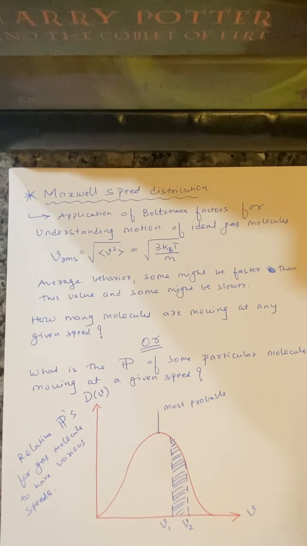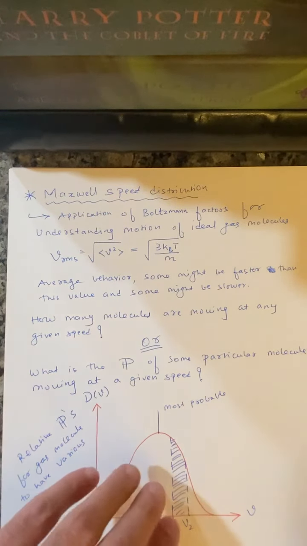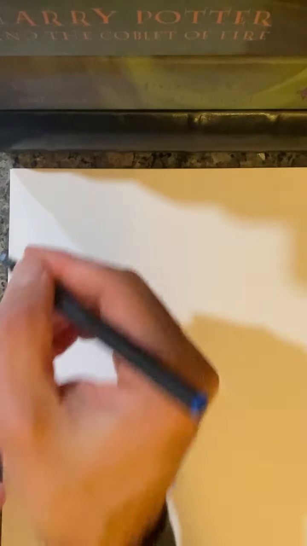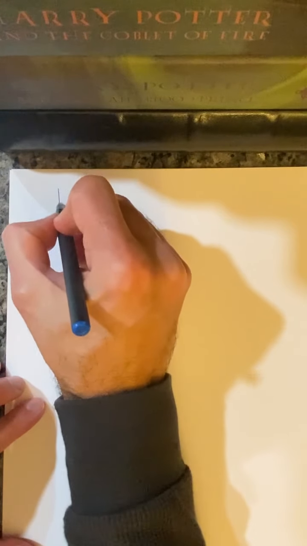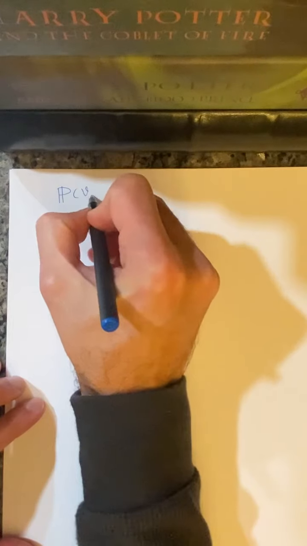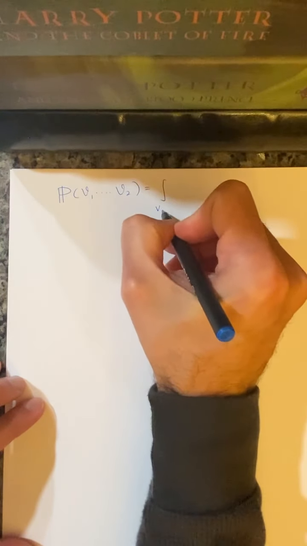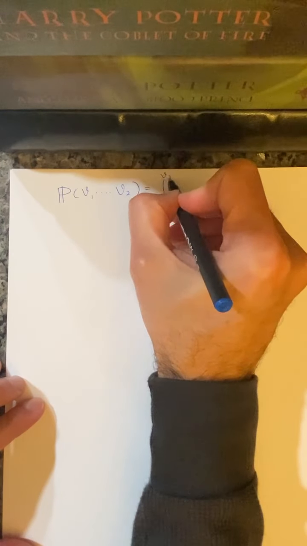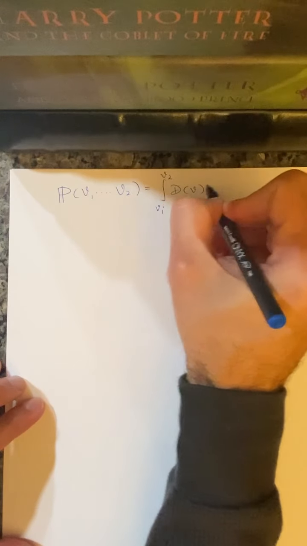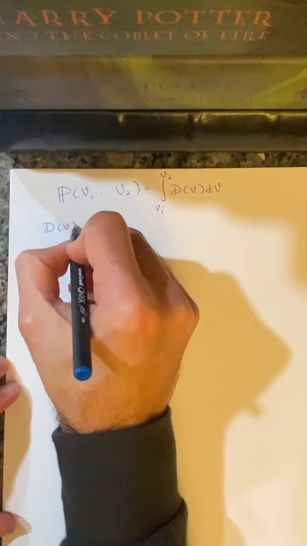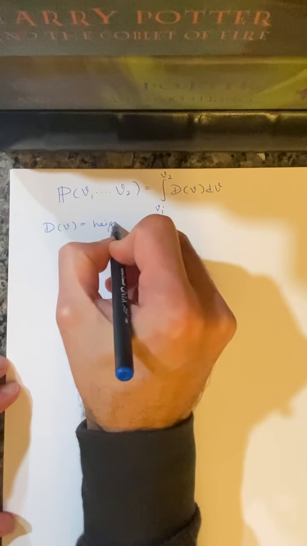I have drawn it here like this. Over here, the probability, let's write this down: P between V1 and V2 is equal to the integral from V1 to V2 of f(v) dv. Here, f(v) is equal to the height of the graph.